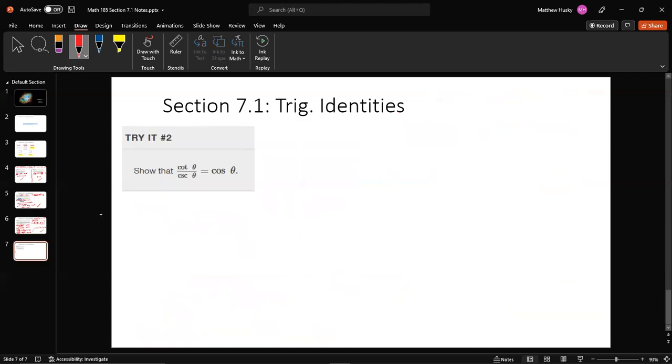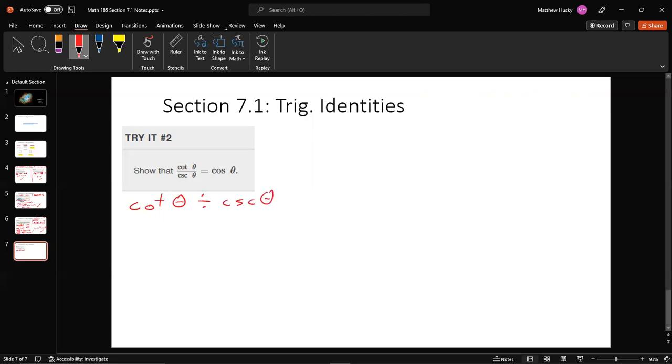We have one last one from this section. They say show that cotangent theta divided by cosecant theta is equivalent to cosine of theta. So I'm going to use a similar strategy to what I did earlier. Cotangent theta divided by cosecant theta.